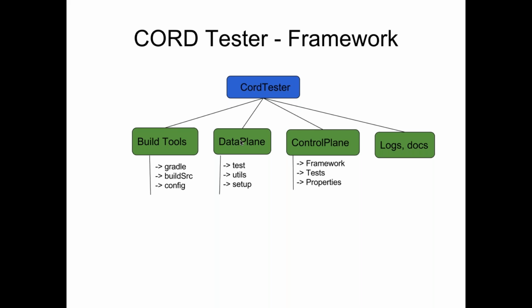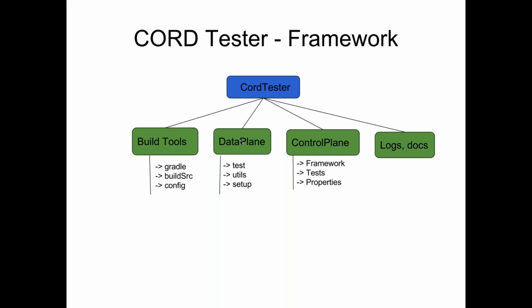Likewise, there is a framework developed by Ciena for the VTN component. Most of the data plane has been written by Ciena, and the control plane has been developed by the ON.Lab team.